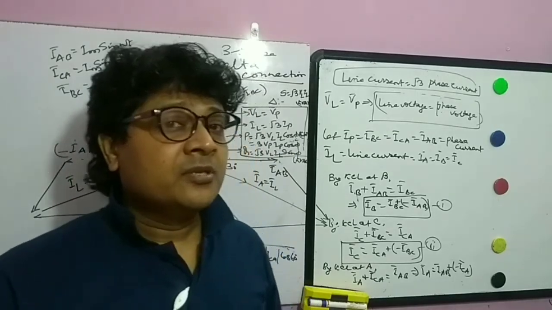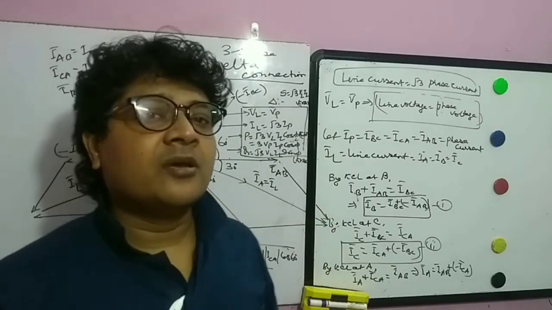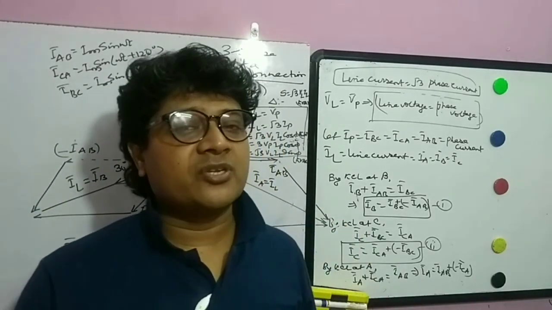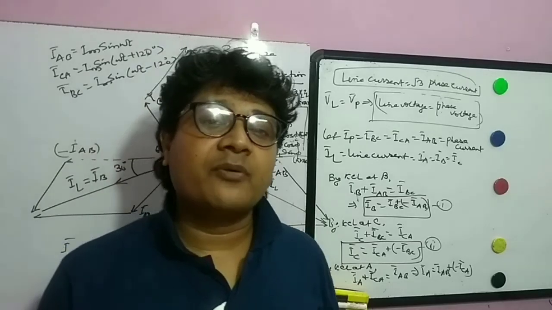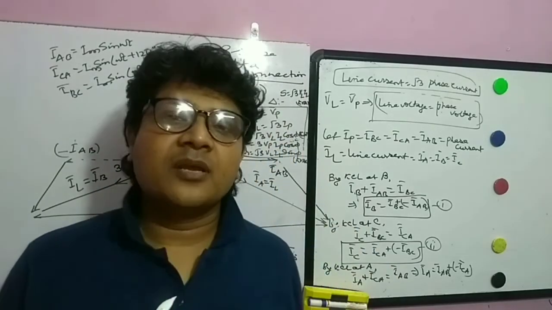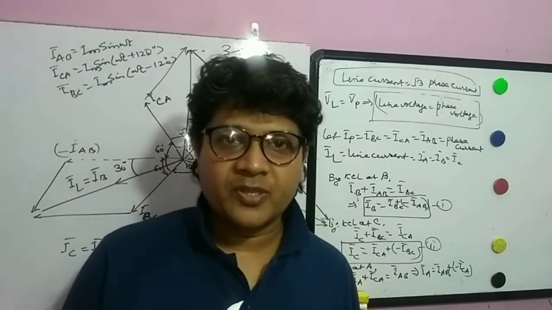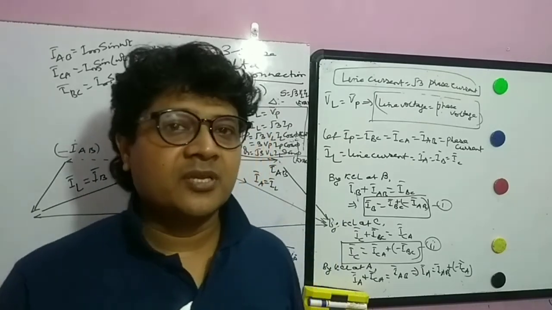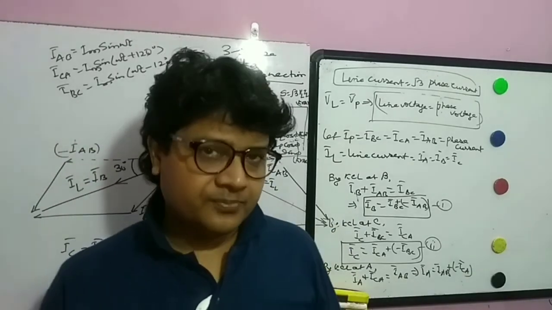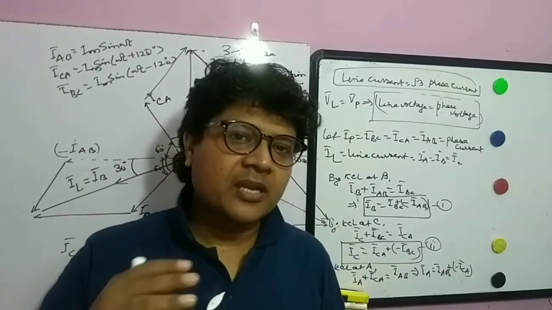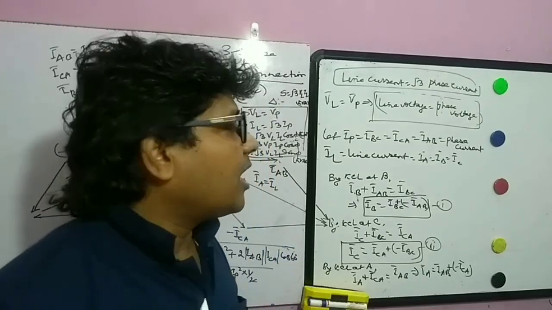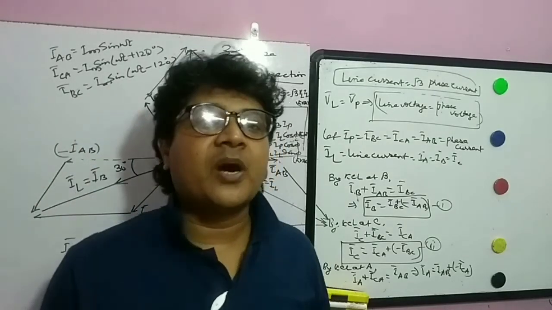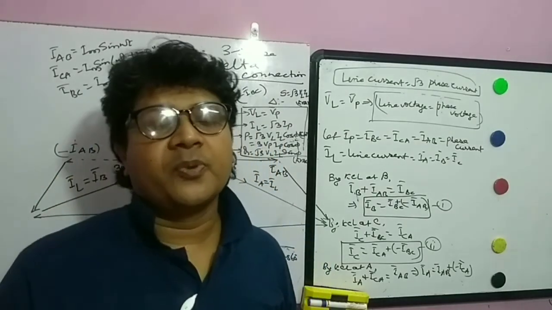Fine. Now this three phase power, how can we measure? We can measure three phase power in the economical way, and that is by the use of 2 wattmeters. In the next topic I am delivering a lecture on how to measure 3 phase power using 2 wattmeters.